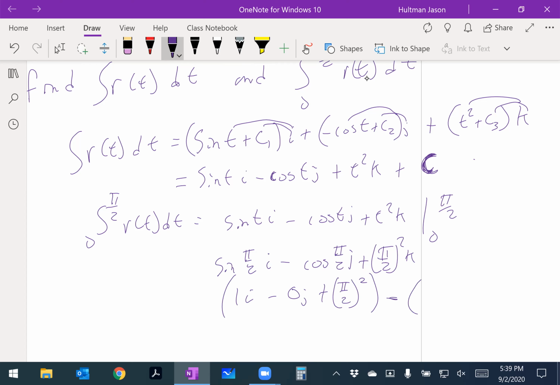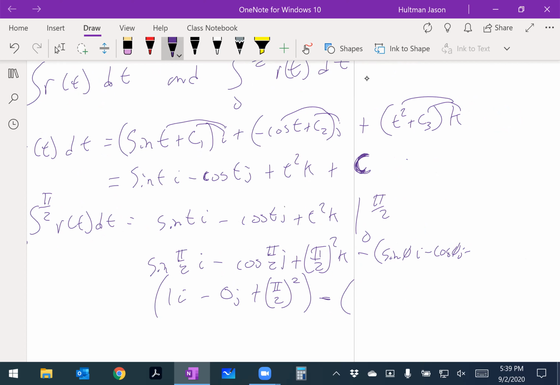Now I want to subtract from that the same thing, but plugging in 0: sine of 0 i minus cosine 0 j plus 0 squared k.